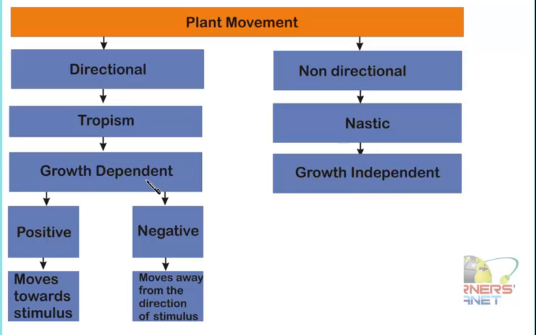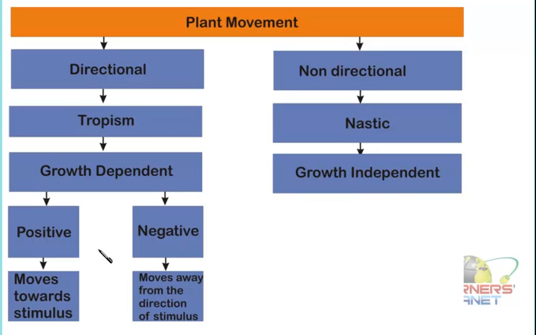They are absolutely growth-dependent processes, and therefore they are actually directional. Direction means either it is towards the stimulus, and then it is known as positive tropism, whereas if it is away from the direction of the stimulus, it is known as negative tropic movement.